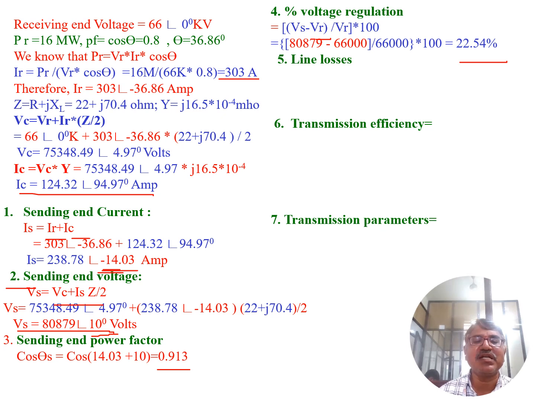Now the line losses in the nominal network: on the sending end side the resistance is R/2, and on the receiving end side it is also R/2. In the sending end side resistor the flow of current is IS, and on the receiving end side the flow of current is IR. So total power loss is equal to IS square into R/2 plus the receiving end side power loss, which is equal to IR square into R/2. We know the IS value, IR value and R value also.